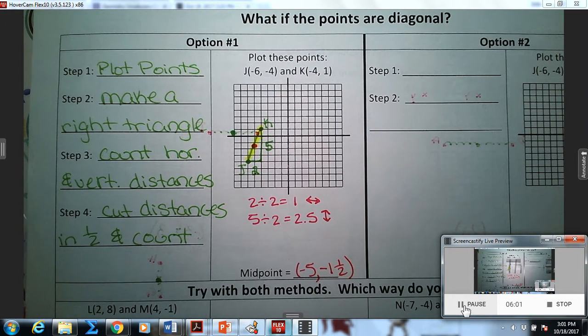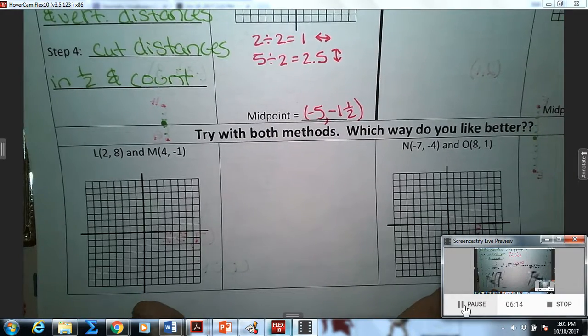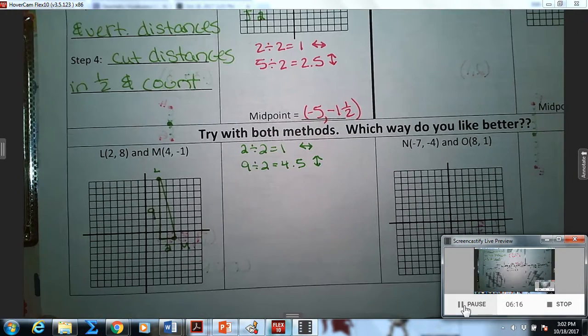I like this method because it's very visual and it uses a lot of the same steps that the distance formula uses. Try on your own down here with points L and M. Okay, I've plotted my points. I drew in my right triangle. I counted the horizontal and vertical distance, and I split them both in half.